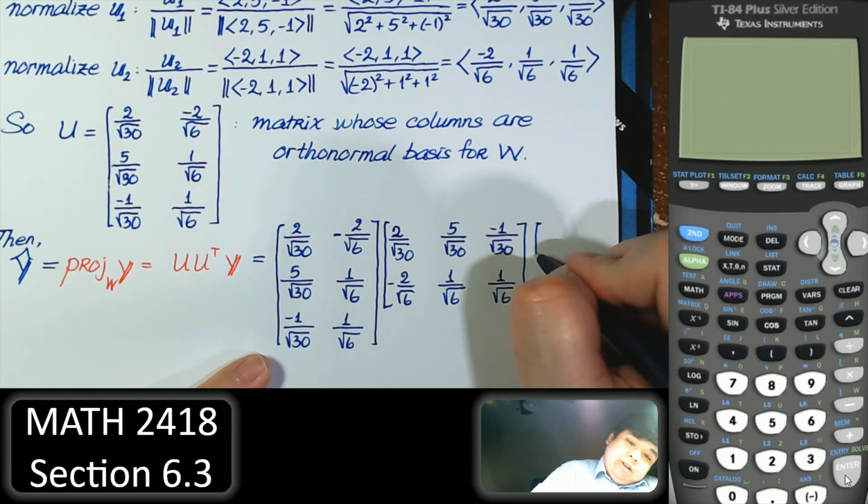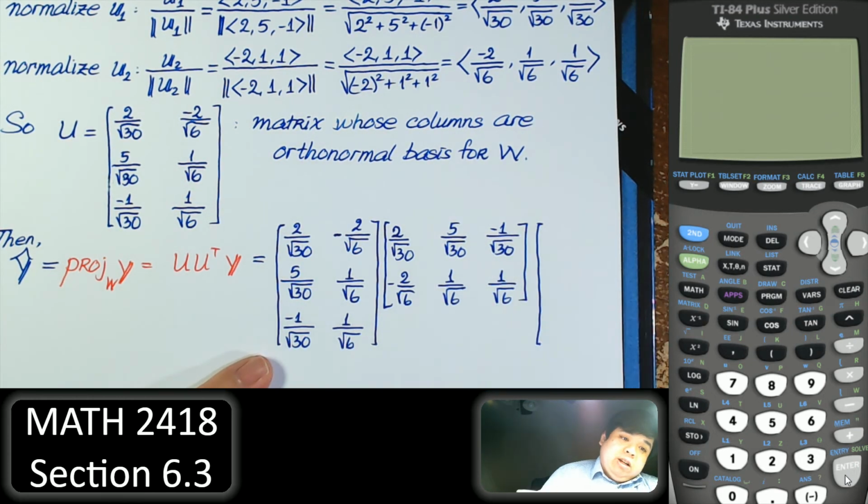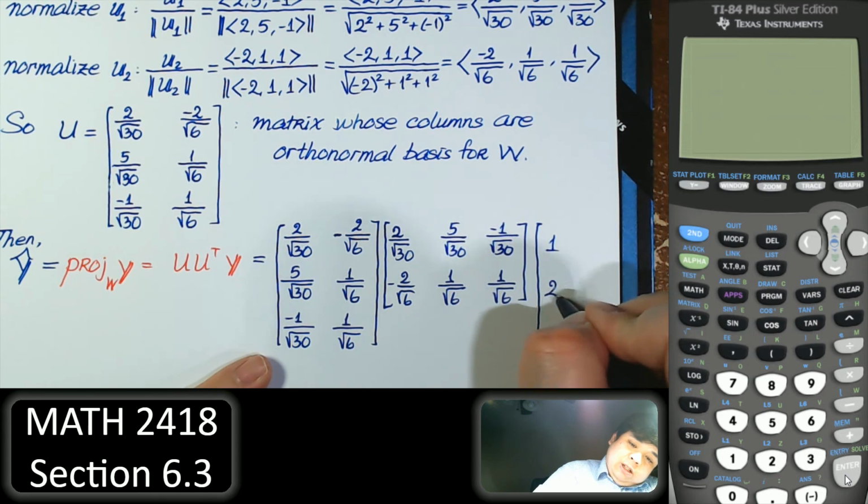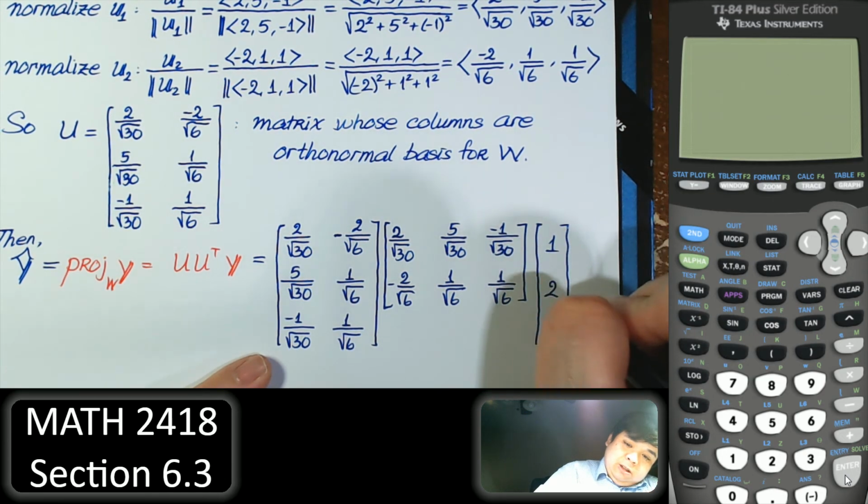And what we have is multiplied by the vector Y, which is 1, 2, and 3.